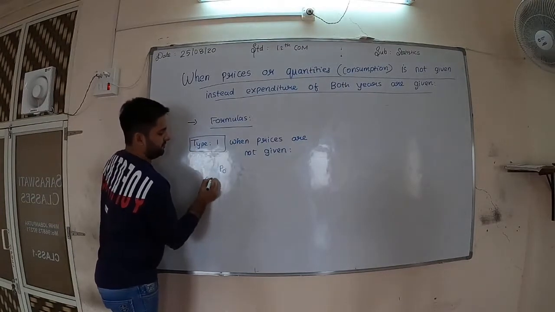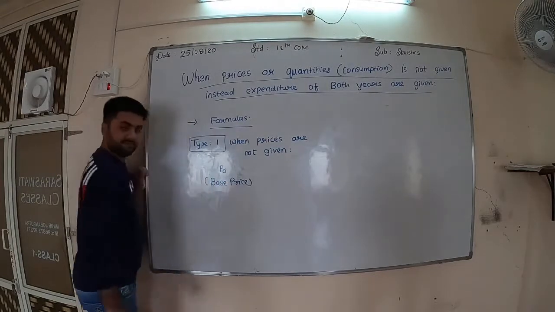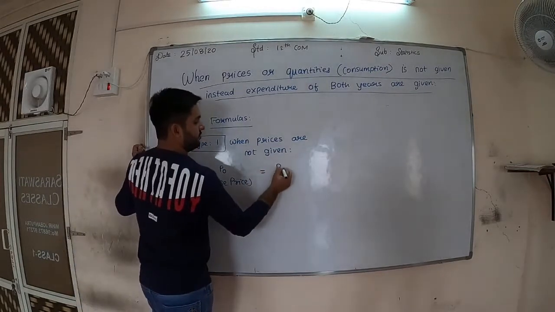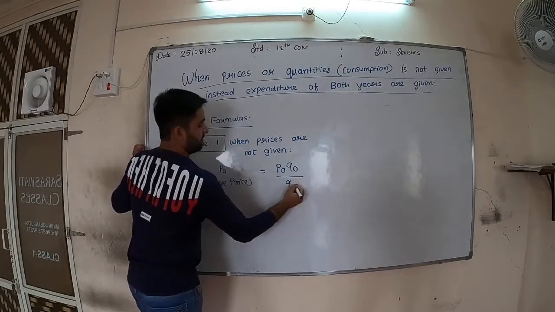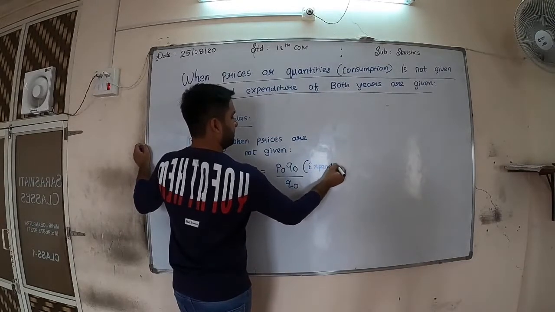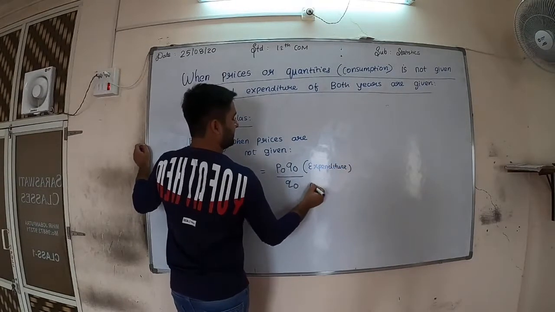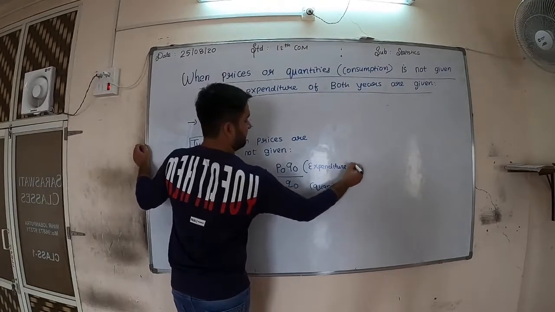P0, base price, is equal to P0 Q0 upon Q0, expenditure and quantity.